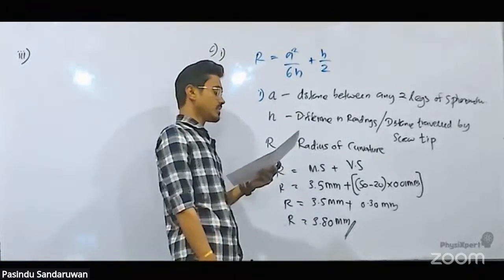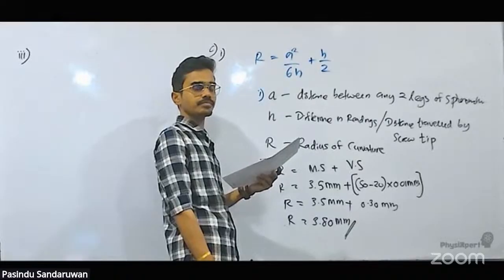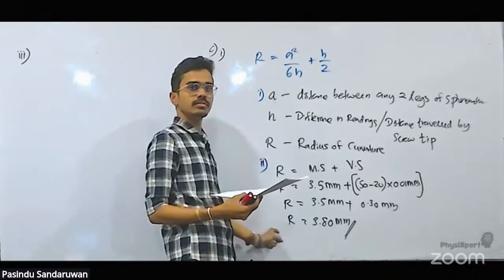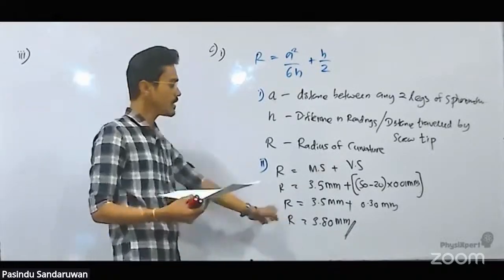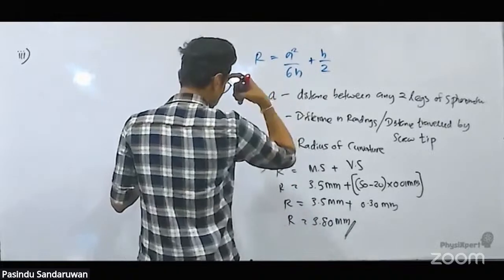Right. Part 4. If A equals 3 centimeters, calculate the value of R. Then we should know this. This is only the apparent reading, so we know there was an error.